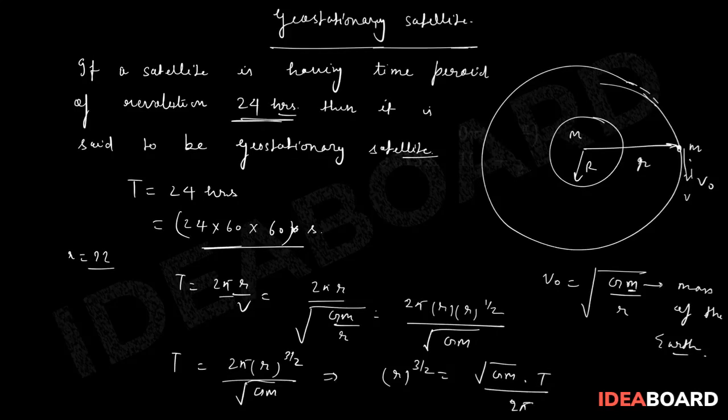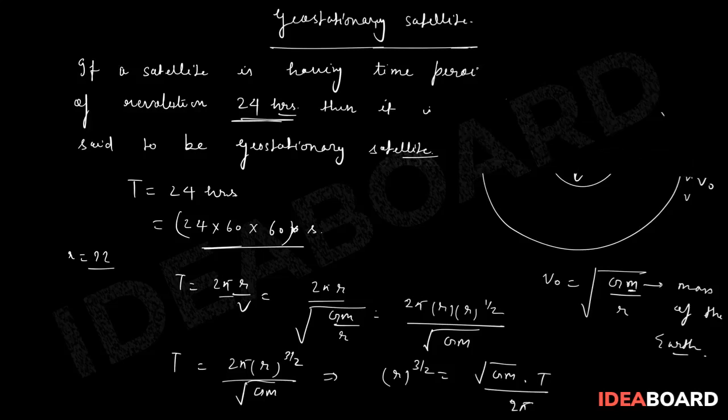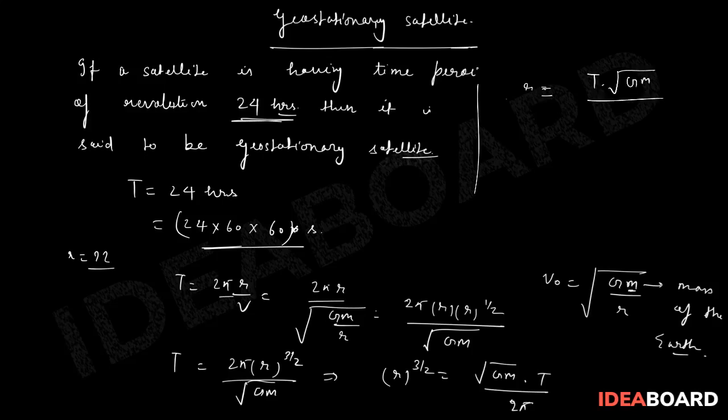So the value of r will be equal to T into under root of GM upon 2 pi, whole to the power 2 by 3.